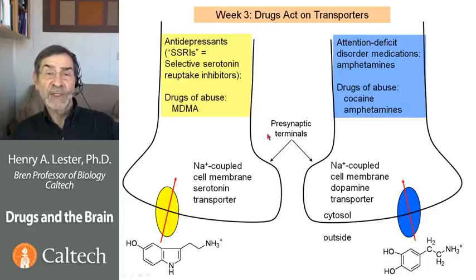Again, there are trademarks that may be familiar to some students, but we're not using trademarks. In addition, blockers of the dopamine transporter are used for attention deficit disorder, and others are drugs of abuse, such as cocaine and the amphetamines.